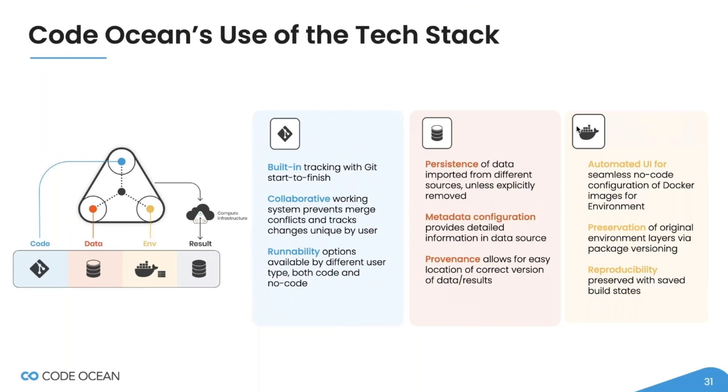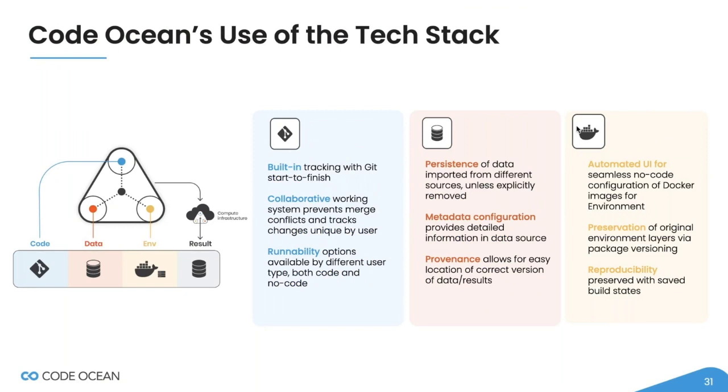In CodeOcean, our sharing system for collaboration prevents merge conflicts and prevents synchronous user work on the same project, which allows you to avoid any changes that might result in merge conflicts, and also allows you to track changes unique to the user. Also within CodeOcean, to optimize the execution of your code, we have runnability options available by different user type. We have both code and non-code running options, depending on your collaborators.